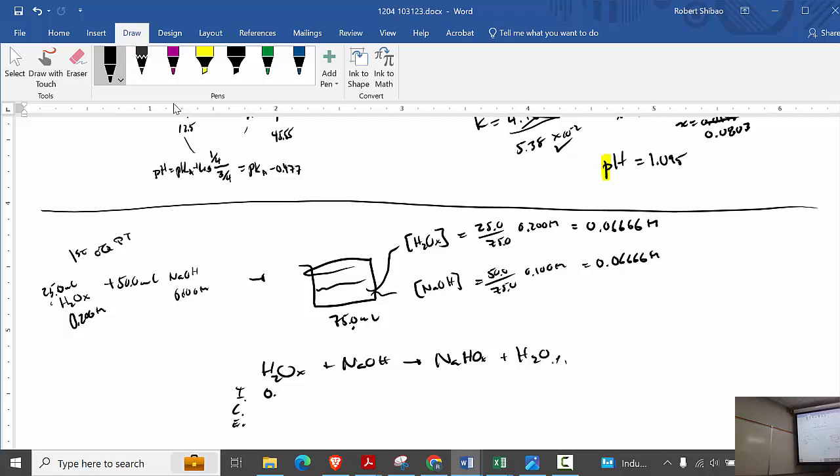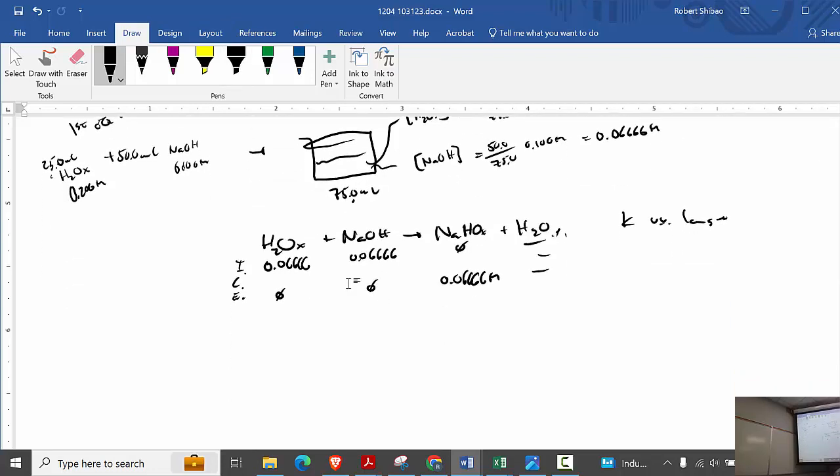This is going to be 0.0 quadruple 6, 0.0 quadruple 6, 0, and water is pure liquid. And so by the time we hit the end, K for this is very, very large. And so it should go to completion. Strong reacts to completion, sodium hydroxide. And we end up with 0.0 quadruple 6 molar sodium hydrogen oxalate.